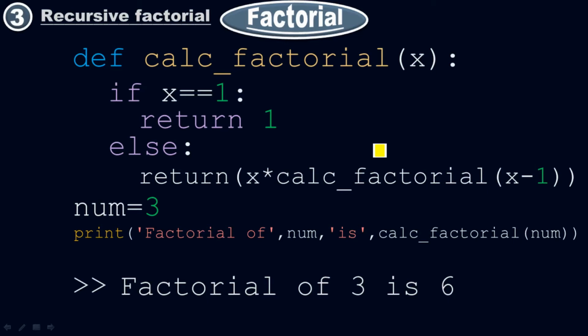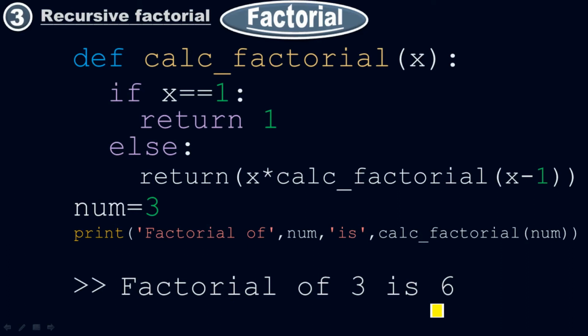Don't worry. We just decrease the value by 1. Like we have 3 and then decrease by 1, so we will have 3 times 2 and then decrease by 1, we will have times 1. 3 times 2 times 1 will be 6. Similarly, if you put the number 4, factorial of 4 will be 24, because 4 times 3 times 2 times 1 equals 24.